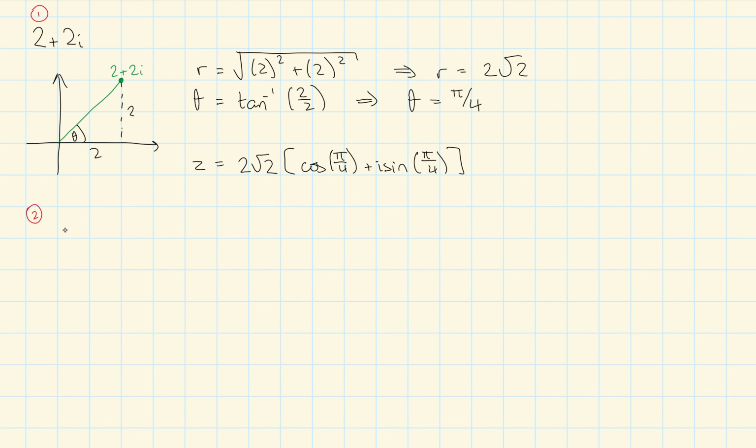So they tell us it's r to the power of n all multiplied by cos of n theta plus i sine n theta. So we have z.